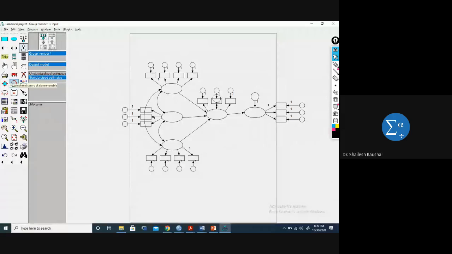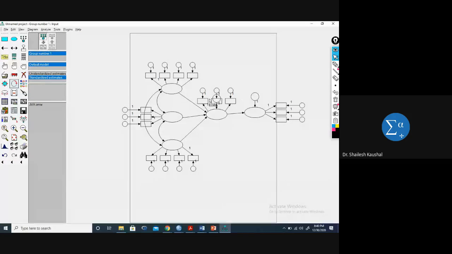Now I am rotating it. Sorry, oh this. One minute, let me rotate this diagram a bit. This is rotating. One minute, I will delete this.